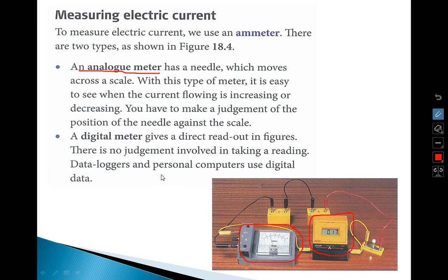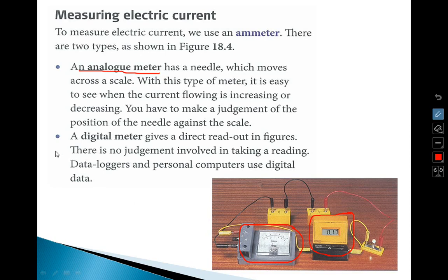Both of them are used. Some use the analog one and others use the digital one. If you are interested just in the exact value, you can use the digital one. If you need to see how the current is increasing or decreasing, and when it starts increasing and decreasing, you can use the analog one.